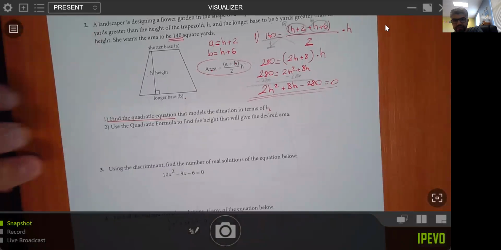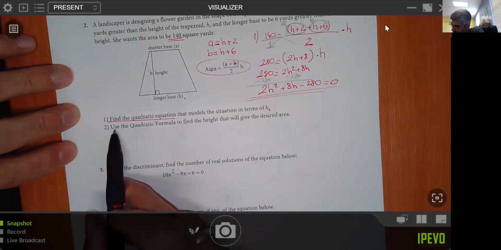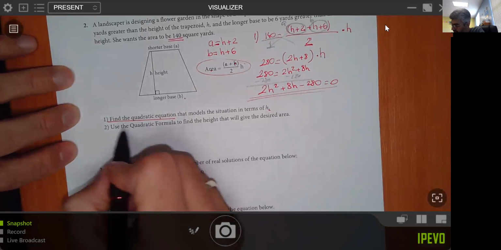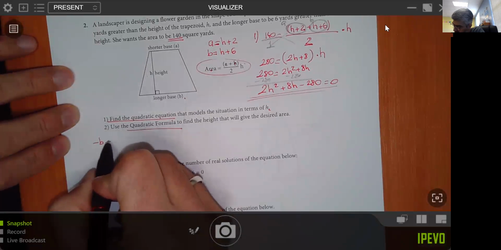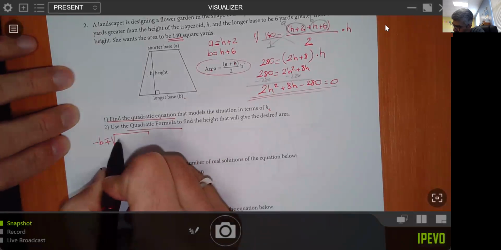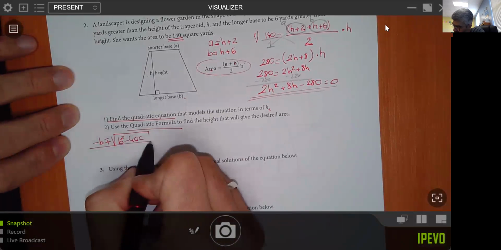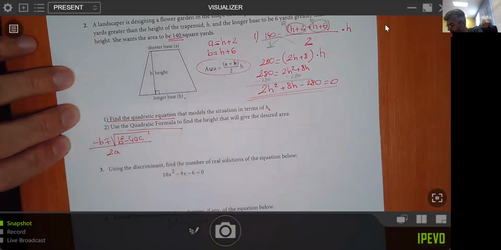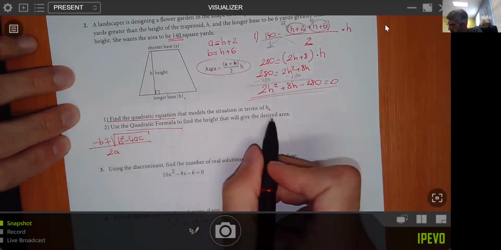There's a similar question in the test. The number 2, use the quadratic formula. What was the quadratic formula, guys? It was negative b plus or minus square root of discriminant, which is b squared minus 4ac all over 2a. To find the height that will give the desired area.